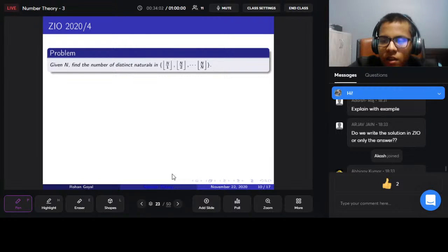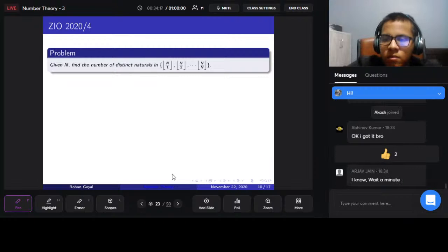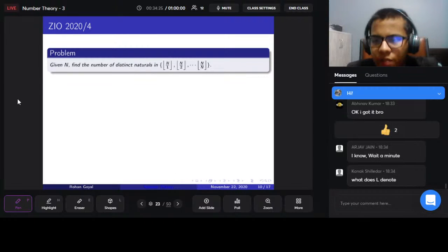How do you think you can approach this? Where is L? Oh, that's the floor function.